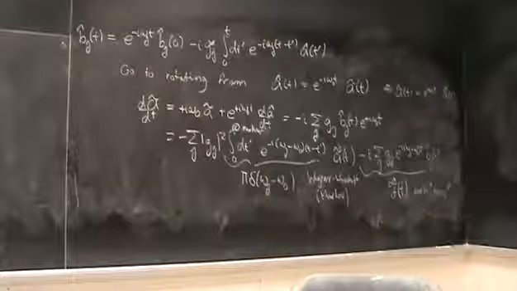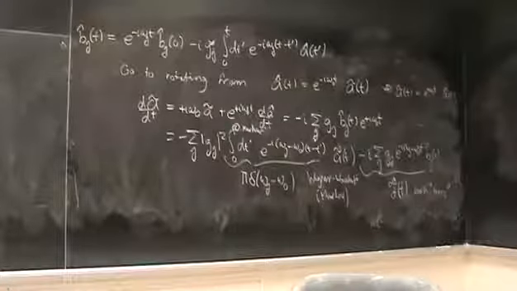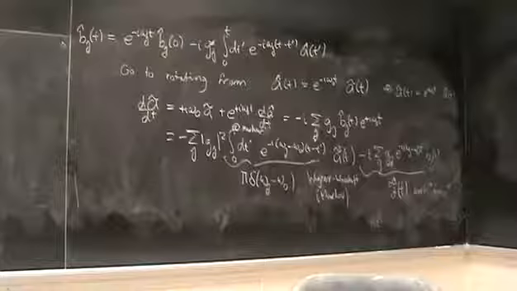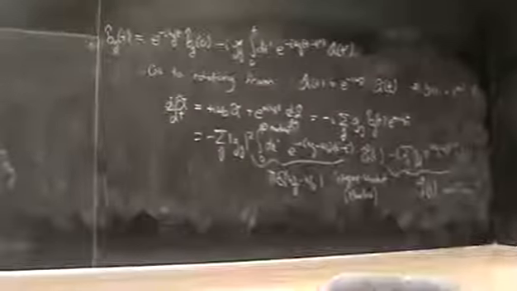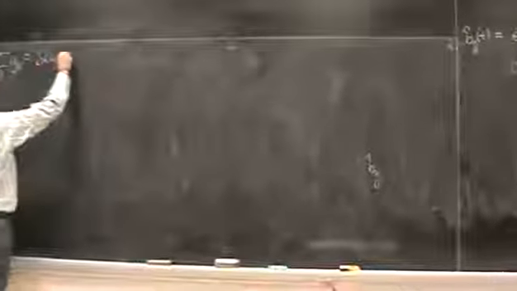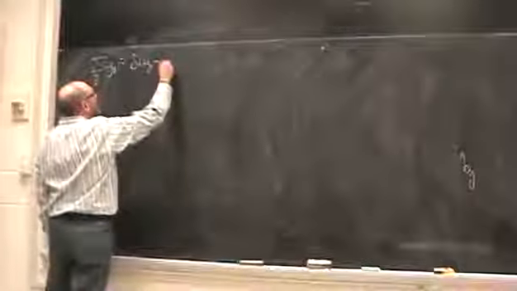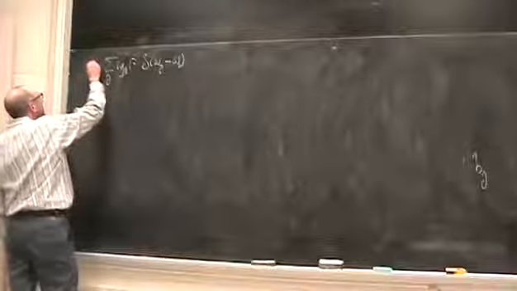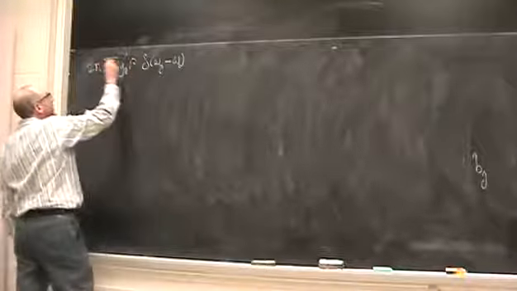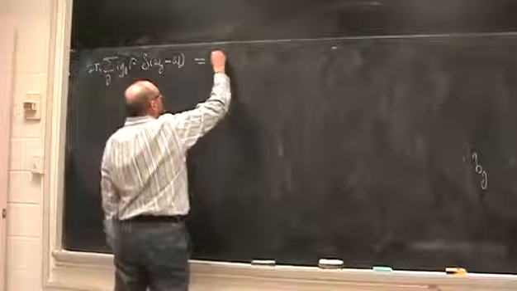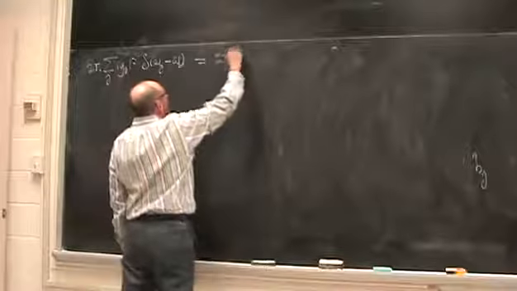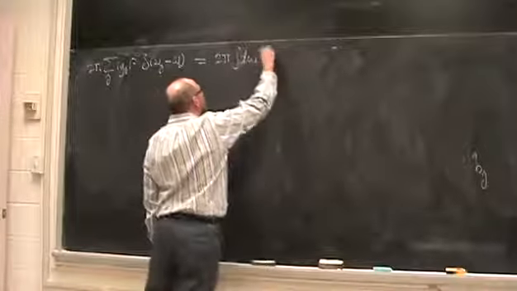When we do that, we remember that this sum with the delta functions in it, 2 pi times this, equals 2 pi times the integral over the density of states.